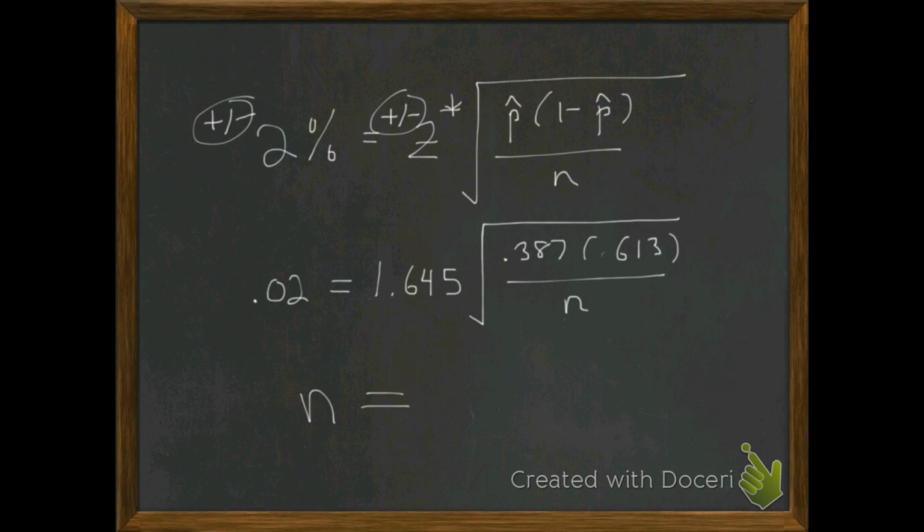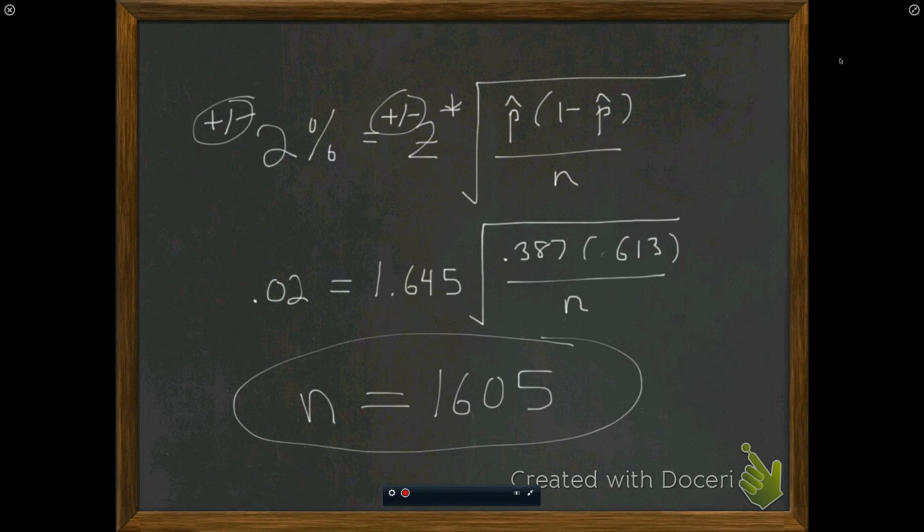So n would always be rounded up. So our sample size would be 1605. Well, guys, that's it. That's the end of the confidence interval training video. So that's all I got.